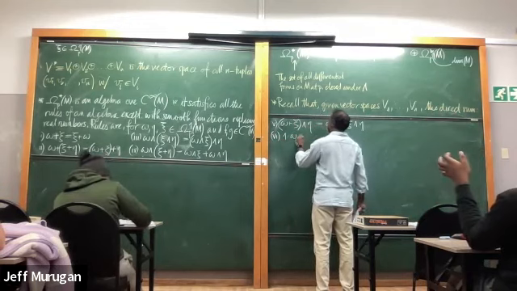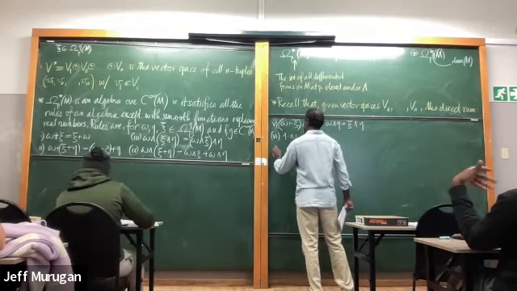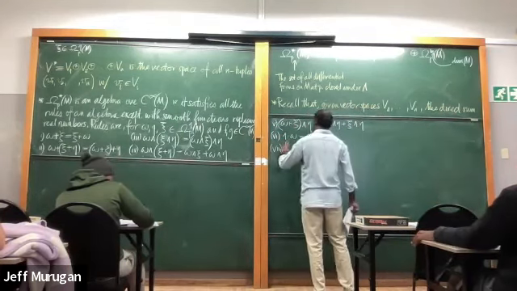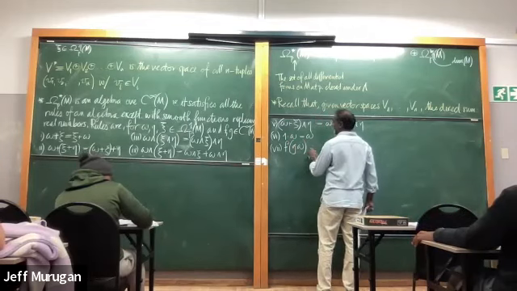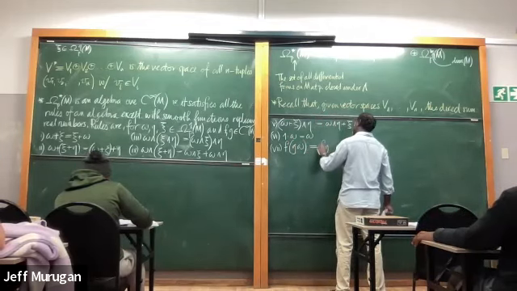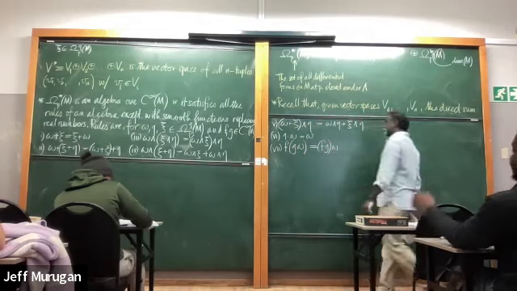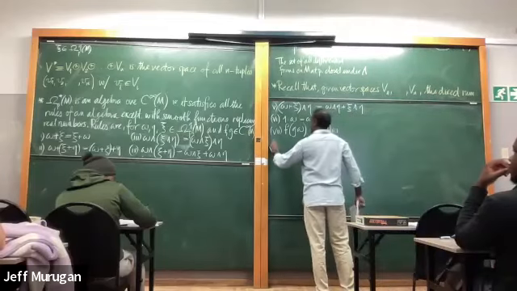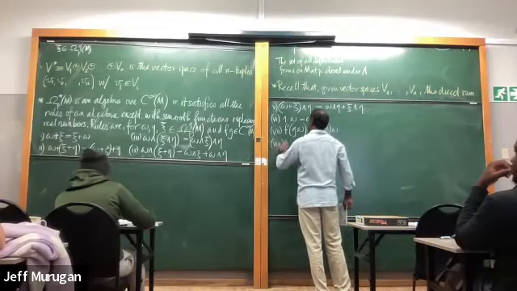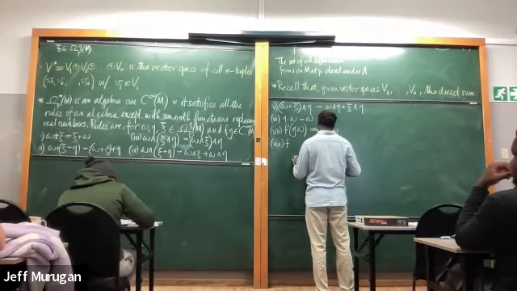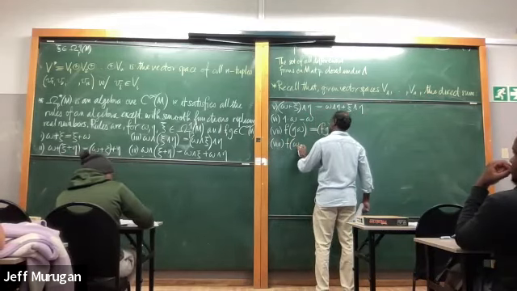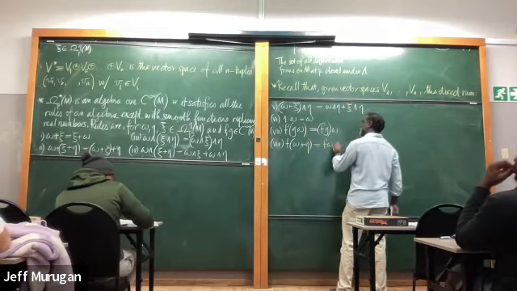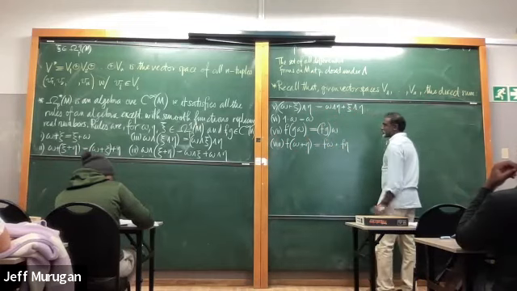And then for the functions, f times g times omega is f g times omega, by multiplication of functions, and f times omega plus theta is f omega plus f theta.